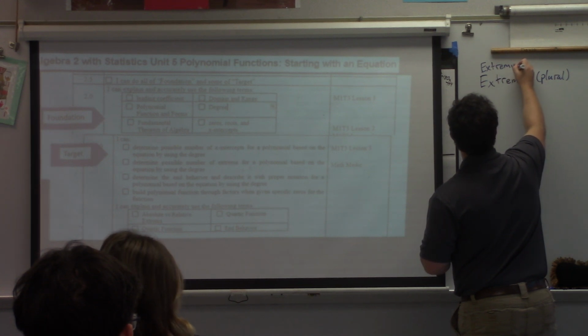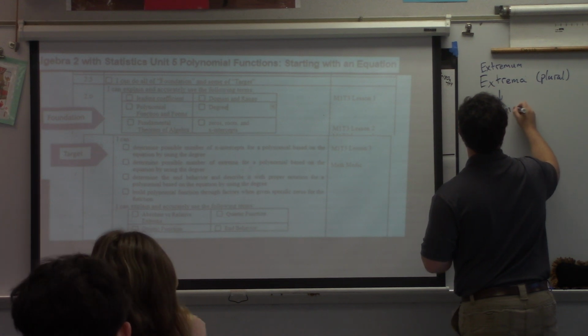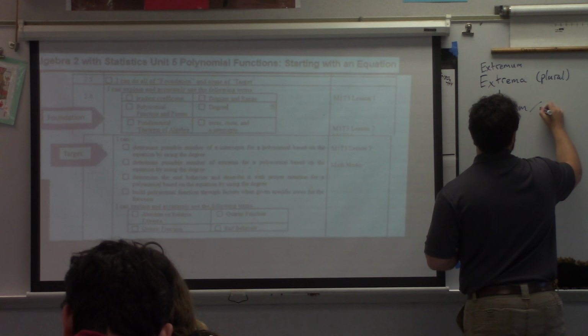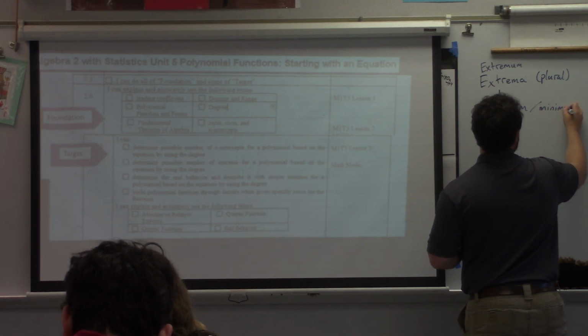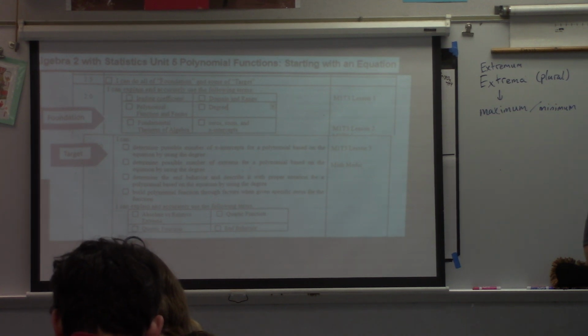But we just mean the maximum, well, maxima really, or the minimum, right? So when we're talking about the number of extrema, I'm just talking about the number of max and min. Okay, so keep that in mind if you want to make that note to yourself somewhere soon or whatever.